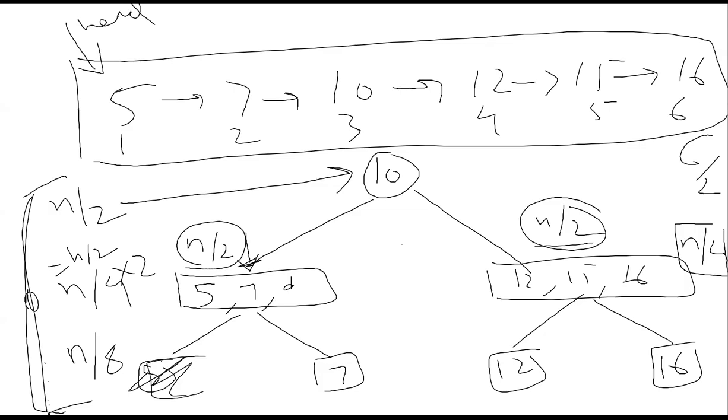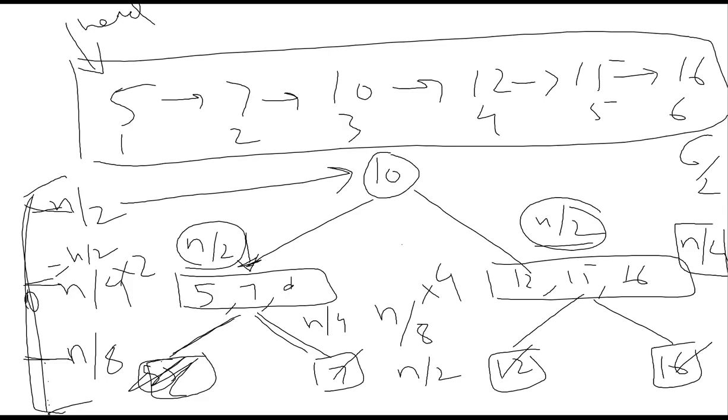Now here we'll have, at worst case, one element here, one element here, one element here, one element here. So the number of times we are splitting, like it will be n by 4, will also create that many branches, right? So we'll have n by 8 into 4. So again, n by 2. So at every step, we are doing n by 2 computations.